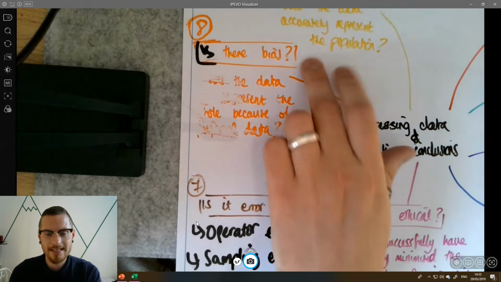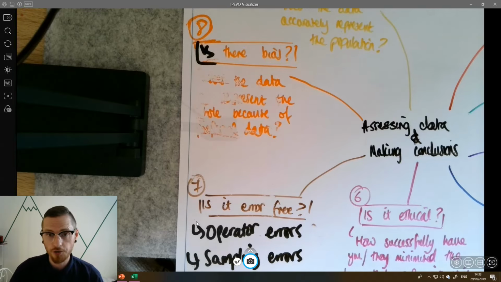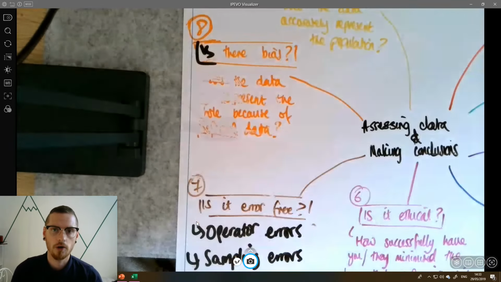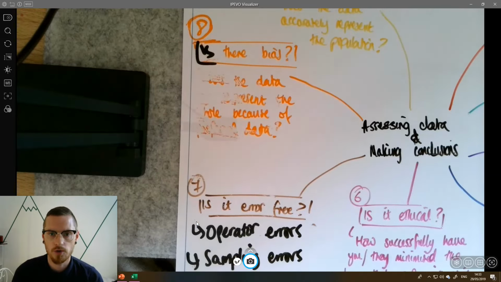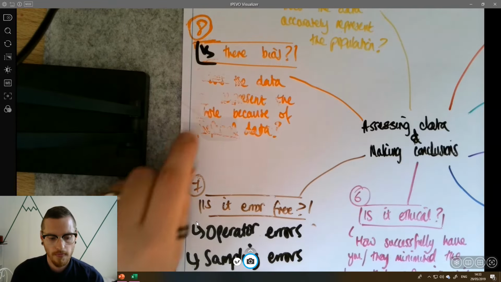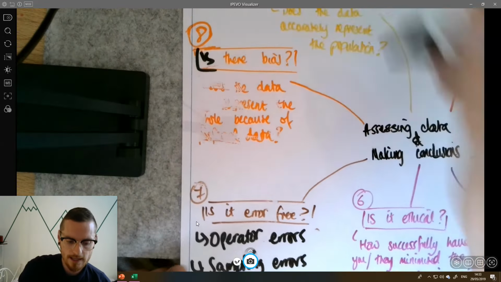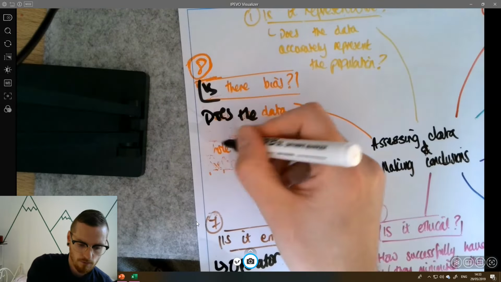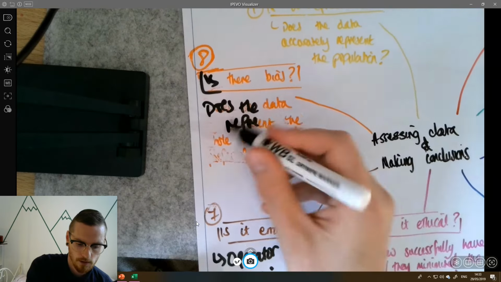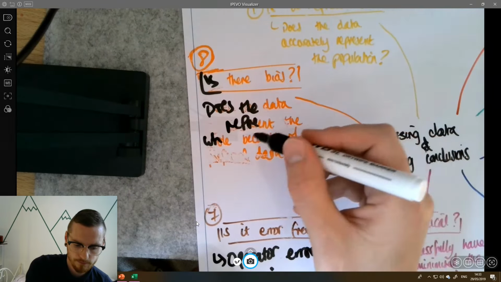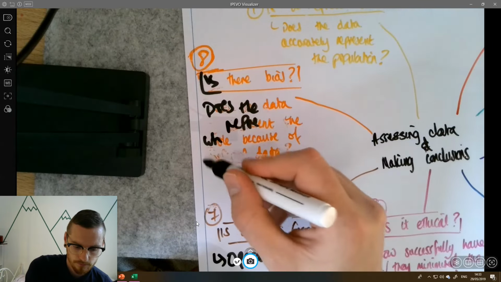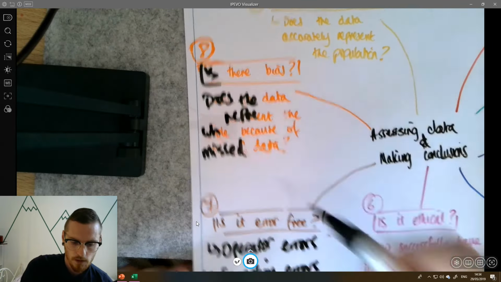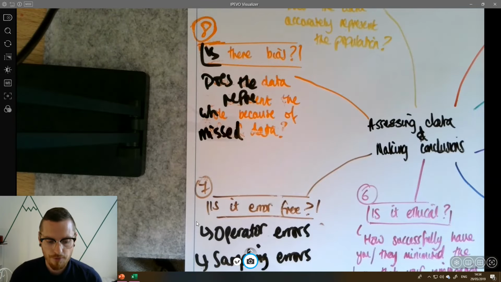Last one to talk about, and it's rubbed out a little bit here, is: is there any bias within their results, or your results, or within their conclusions and evaluations? The question here is, does the data represent the whole, or has there been missed data?